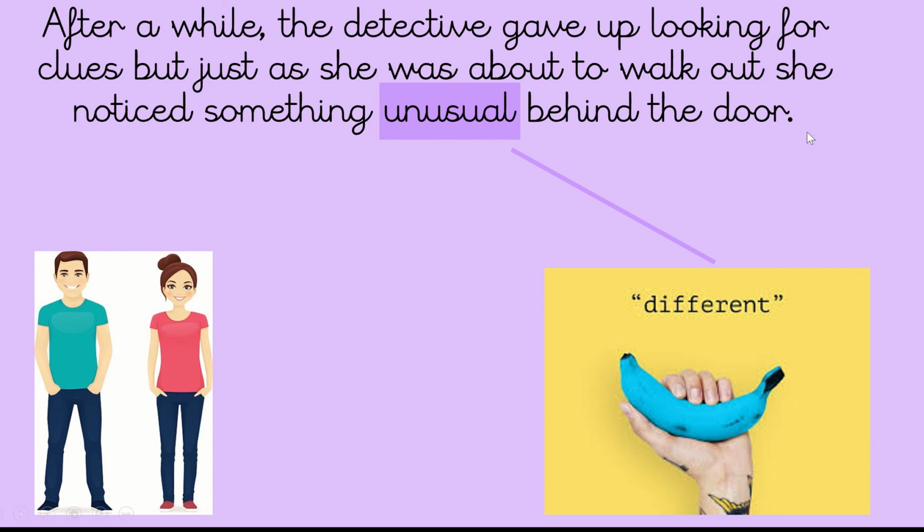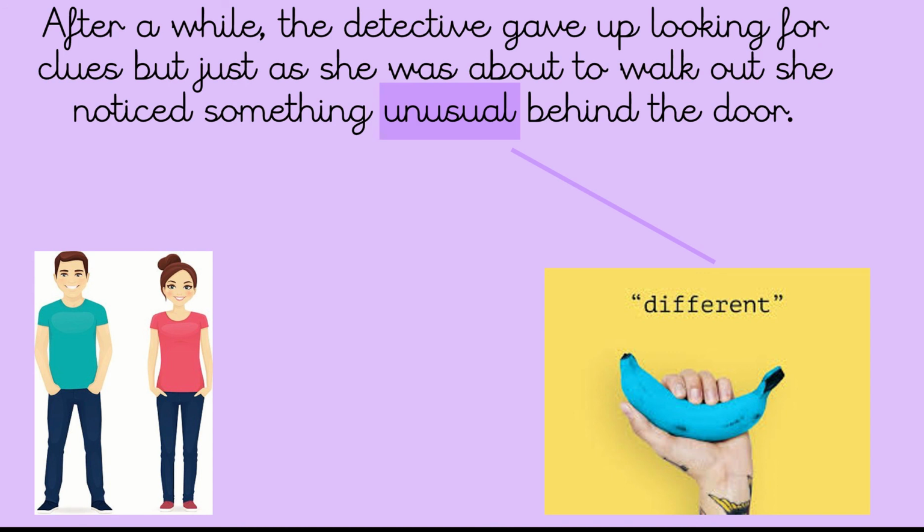So let's have a look at this sentence. A detective has been looking for clues, and it was after a while that she decided to give up. So she doesn't want to look for clues anymore. But then, so something's changed, but is telling me that something has changed in this sentence.